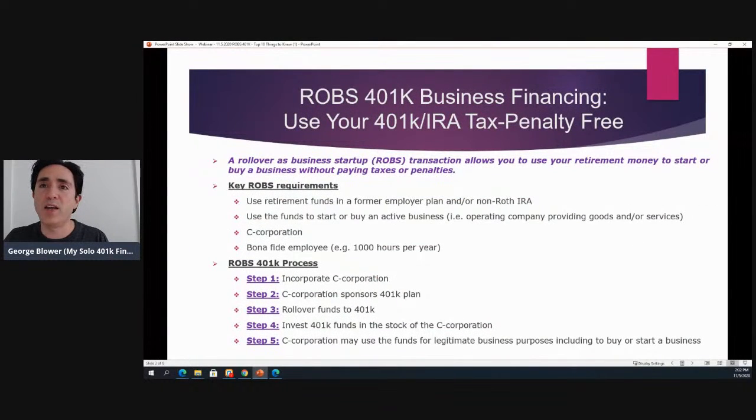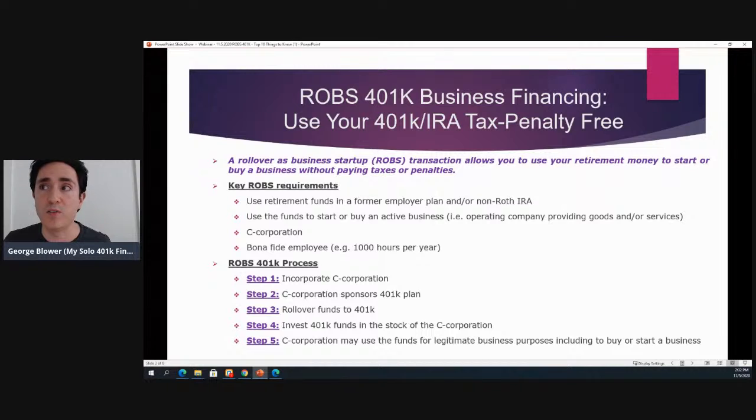So here, this slide has a good overview of the basics of a ROBS transaction. In simple terms, a rollover as business startup, or ROBS 401k transaction, allows you to use your retirement money to start or buy a business without paying taxes or penalties. The key requirements are that you have to have eligible money.